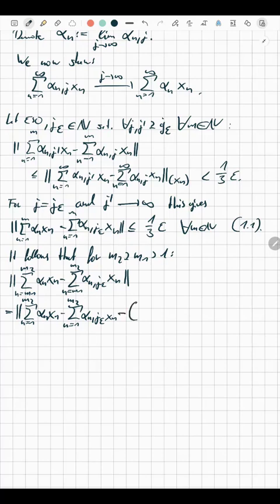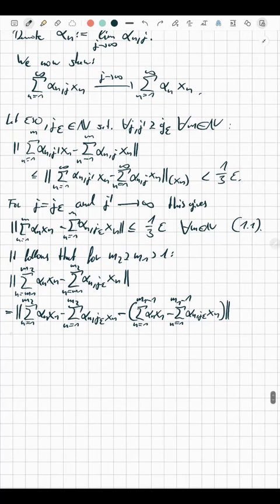And then we remove these new dimensions again. So we go from 1 to m1 minus 1 of the same vectors. This is just the same. And now we can again apply the triangle inequality.